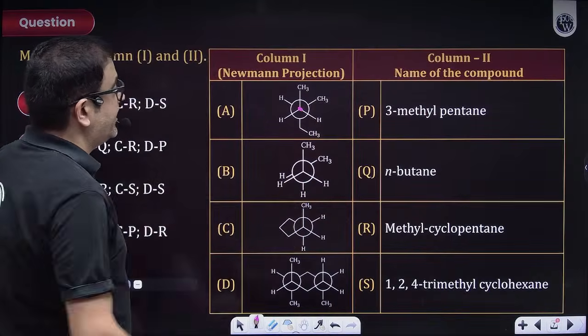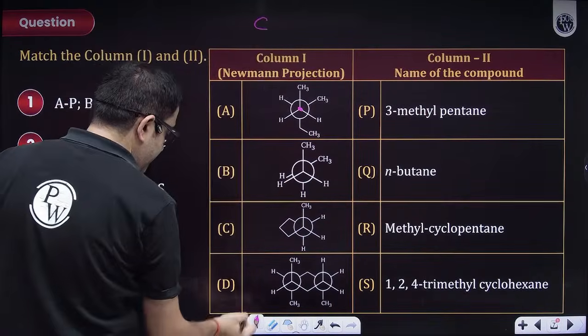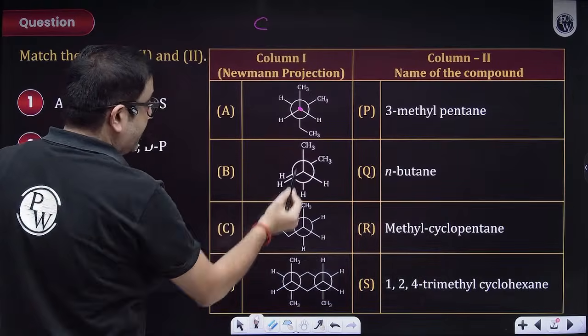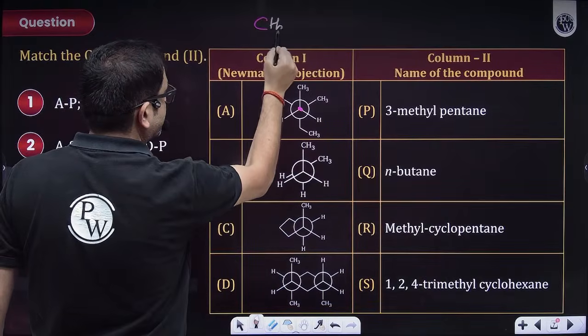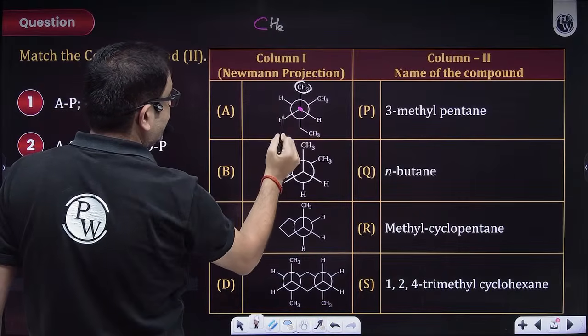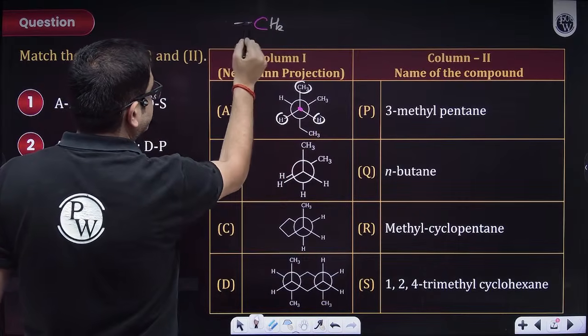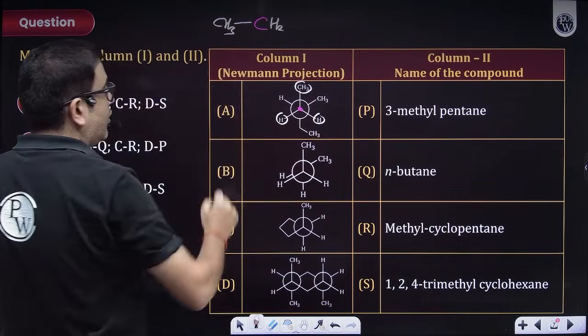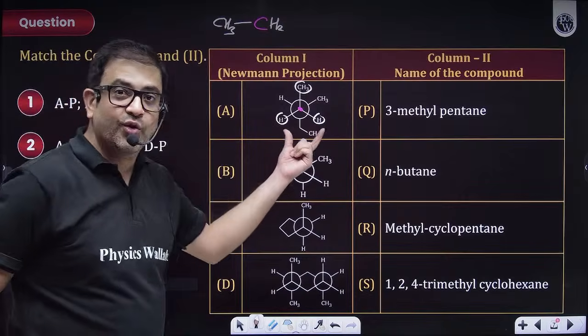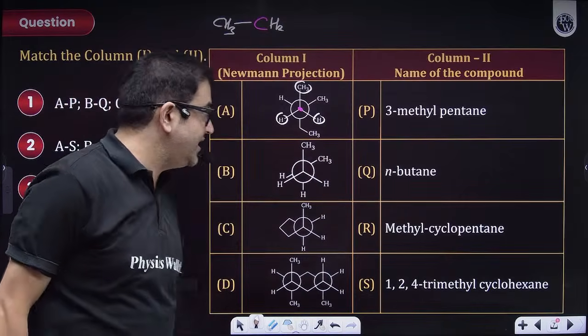This is my front carbon, having two hydrogens and one methyl group. I just have to draw the structure so that I can name it.